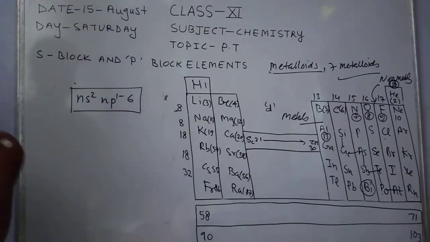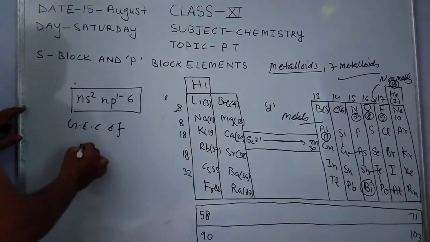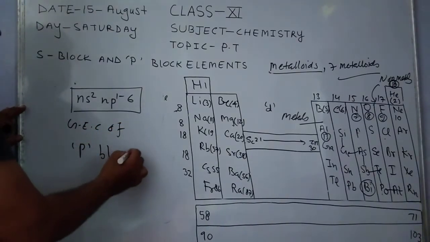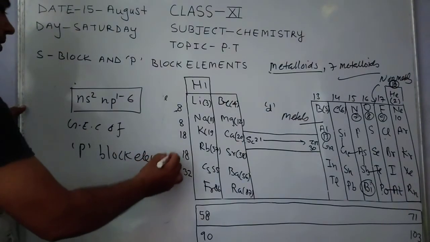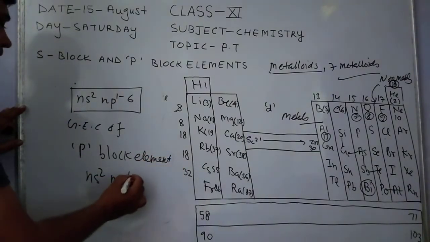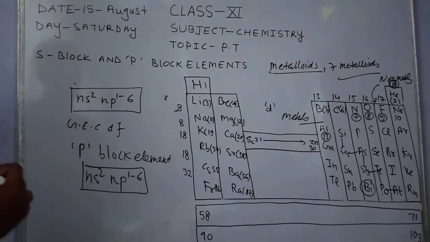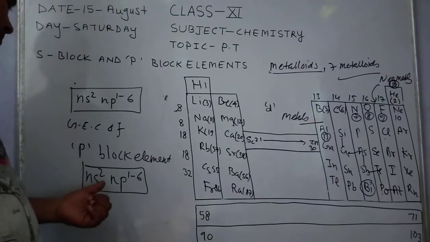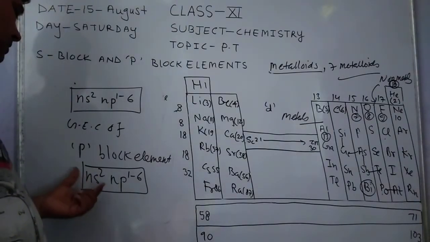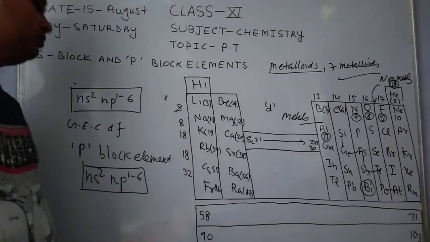So the general electronic configuration of p block elements is ns2 np1 to 6. You are required to memorize this.